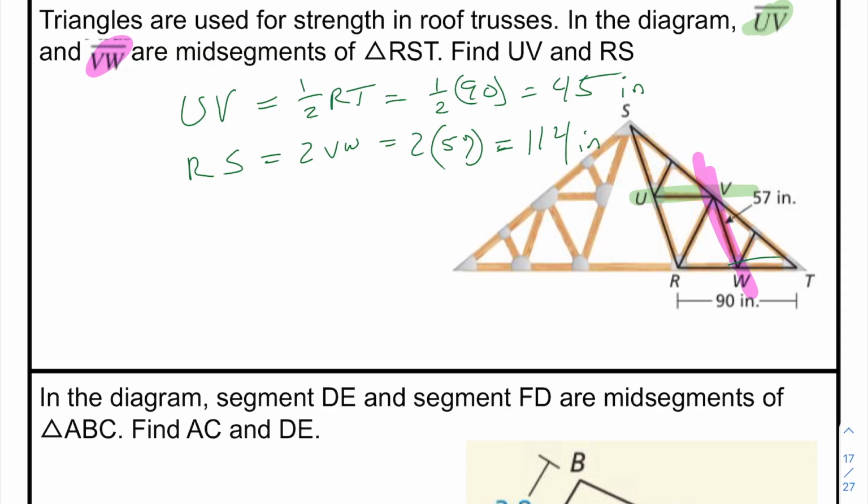And in fact, UR, since UV is a mid-segment, U is a midpoint, so UR is going to equal 1/2 of RS. RS is 114 inches, so we get 1/2 of 114.